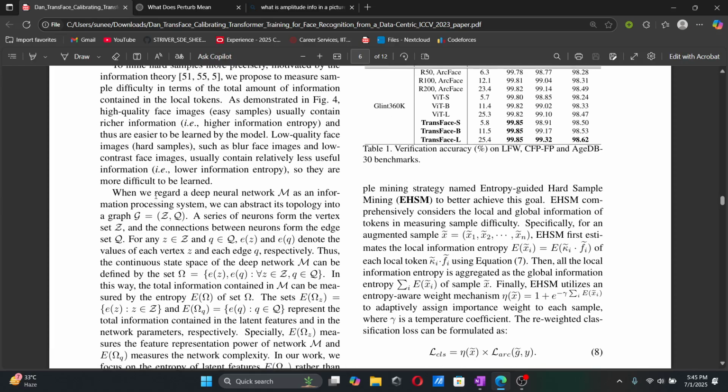Right. When we regard a deep neural network M as an information processing system, we can abstract its topology as a graph.